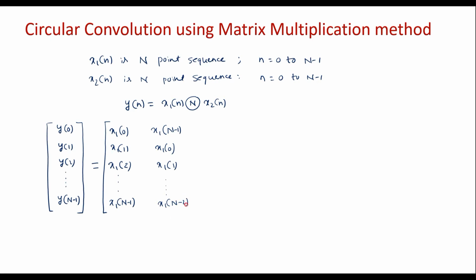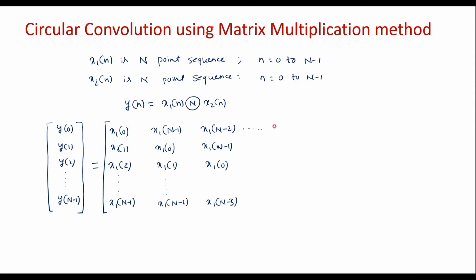Similarly, this value is shifted here, this value should be shifted here, and here the value will be x1 of N minus 3.